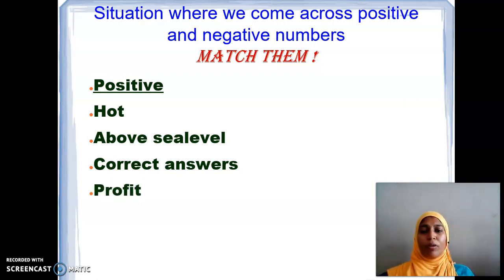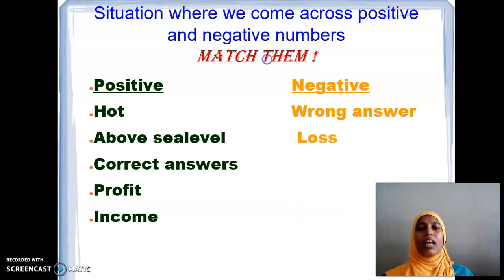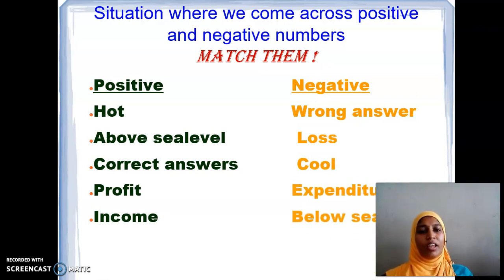Similarly, we have profit as a positive quantity and income as a positive quantity. To all these things, I have a pair of negative quantities like wrong answers, loss, cool, expenditure and below sea level. Now come on, start matching them up.